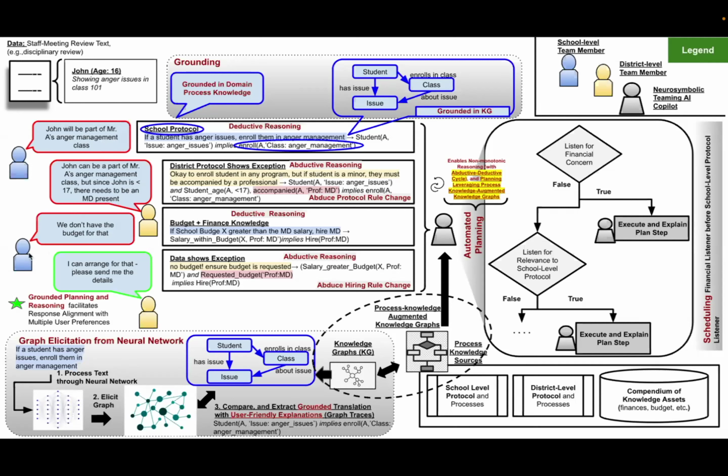And finally, the blue person that initially brought up this idea will have to say that the MD is pretty expensive, we don't have budget for that, and then a resolution has to be thought about for that situation.